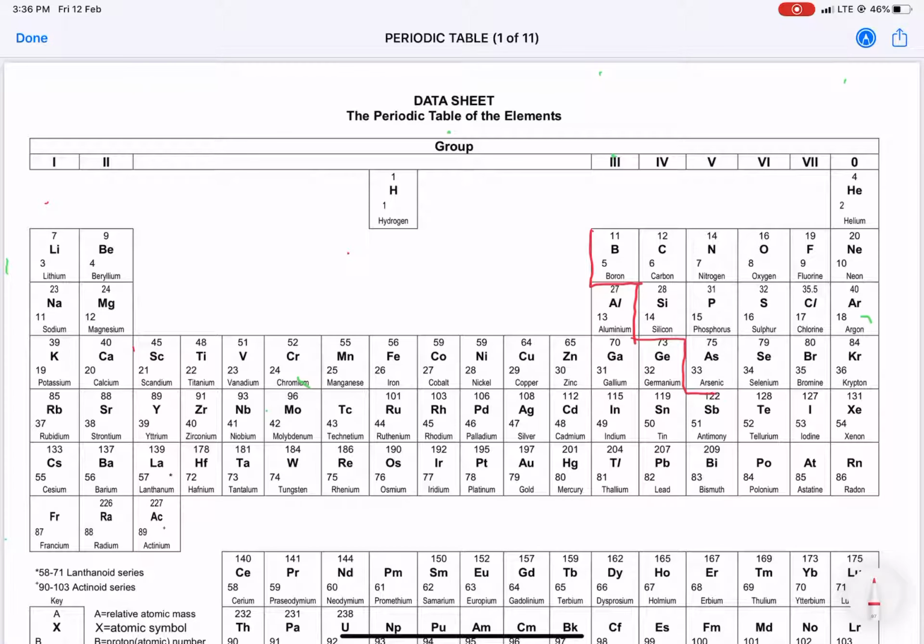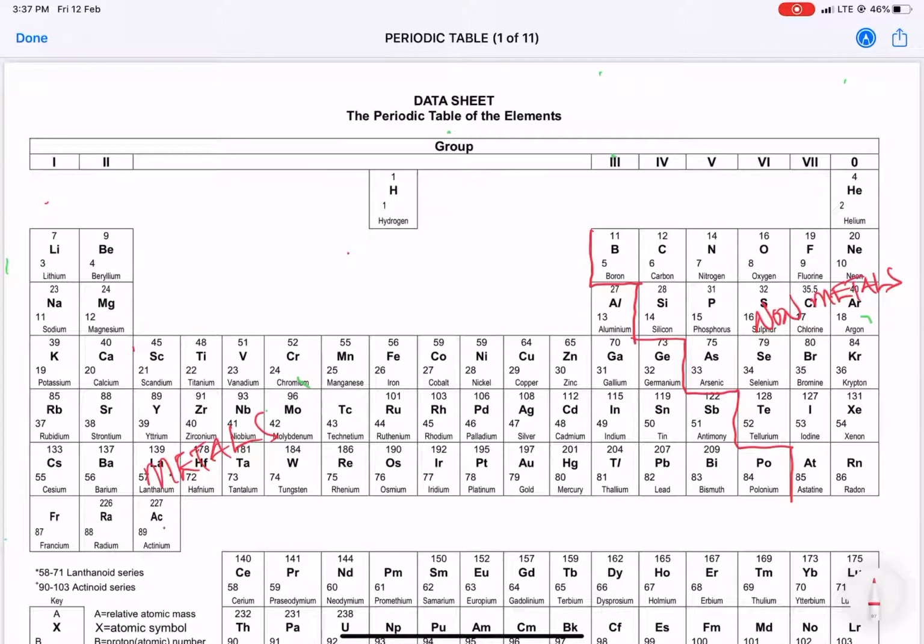After the zigzag borderline, we have non-metals. Before the zigzag borderline, we have metals. The non-metals can be gases, they can be liquids, but they are not metals. That is very important to take note of.